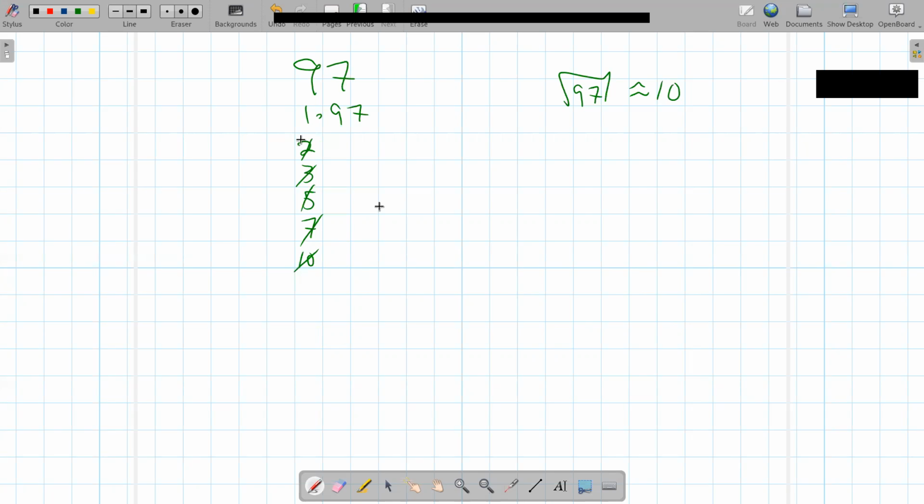Now, typically, the numbers I was checking that I really had to check were primes. And then once I've ruled out that prime, any multiple of that prime is also ruled out as a factor, just because of the way factors and multiples work together.